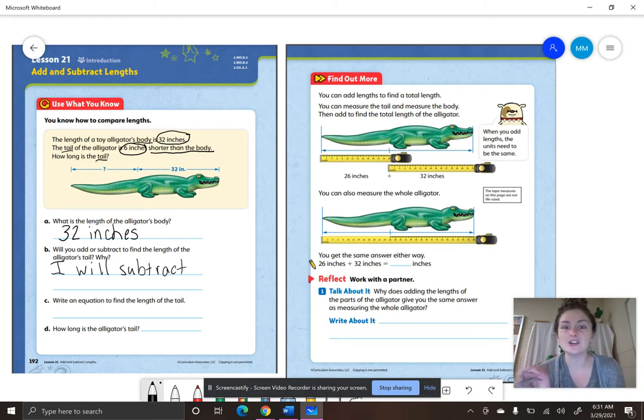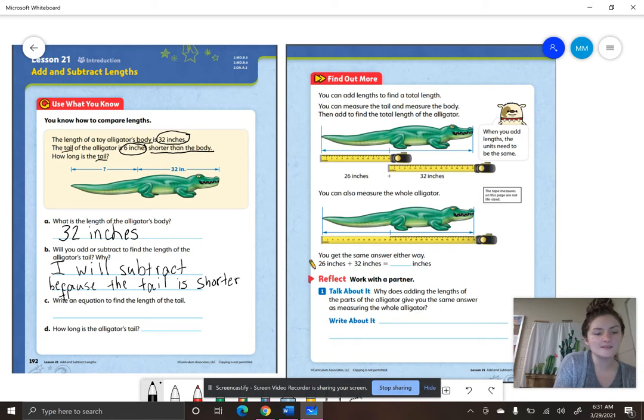Because the tail is shorter than the body. Period.